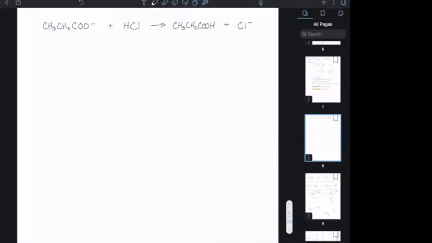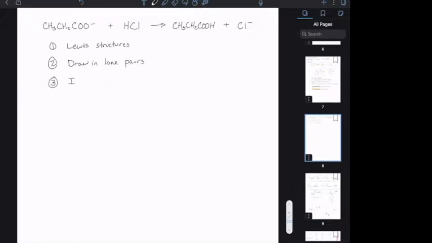All right, so step one. Give me the Lewis structures, or the structural formulas, as our owl likes to say. Step two, draw in lone pairs.